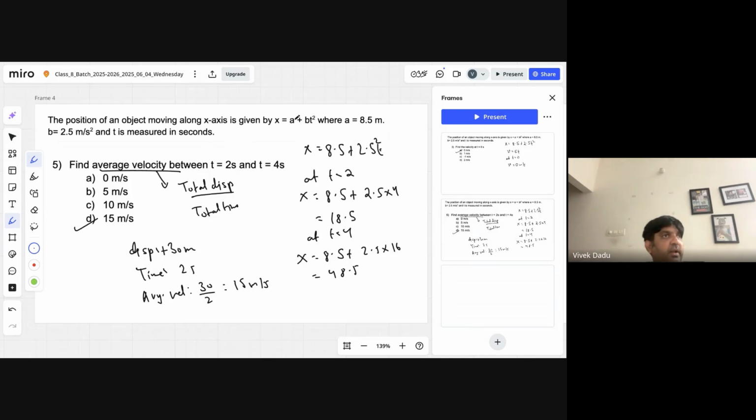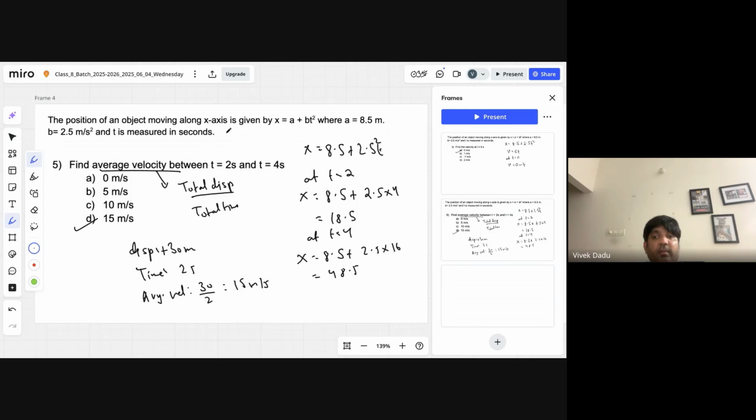So A ka unit is meter. What should be BT square ka unit? It can be meter also. B can be anything, but BT square should be meter, right? Only then it makes sense. BT square cannot be kg, right? You cannot add something in meters and kg. Yes or no? So how will BT square be meter?